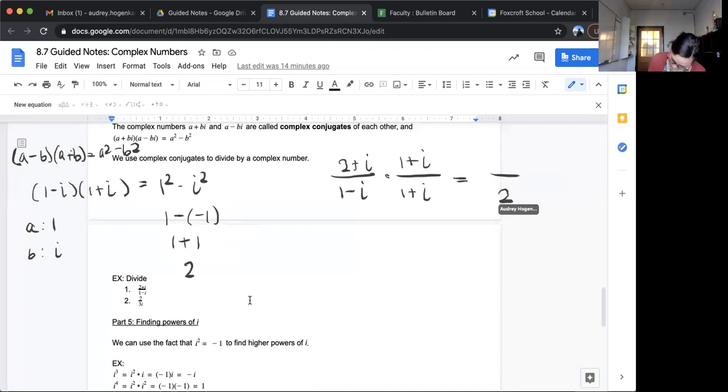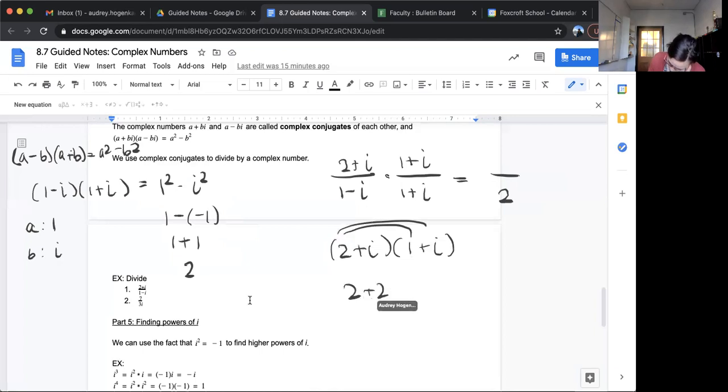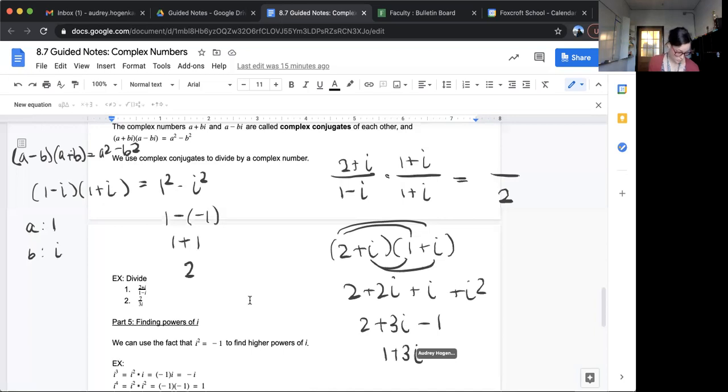And then my numerator, I'm going to have to FOIL out. So I have 2 plus i times 1 plus i. So 2 times 1 is 2, plus 2i plus i plus i squared. So that's going to be 2 plus 3i minus 1. So 2 minus 1 is 1. So it's going to be 1 plus 3i in my numerator. So I'm going to get 1 plus 3i over 2.